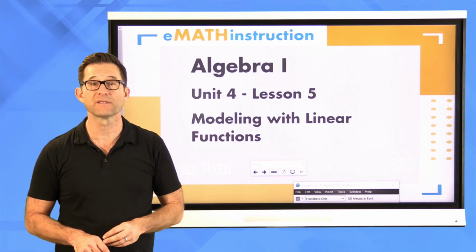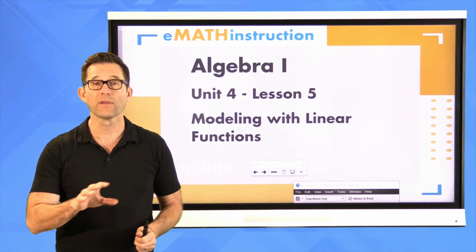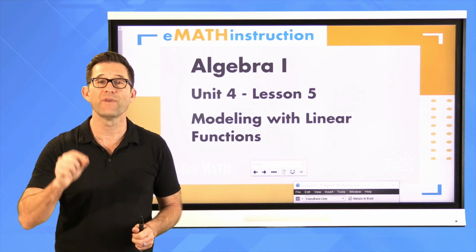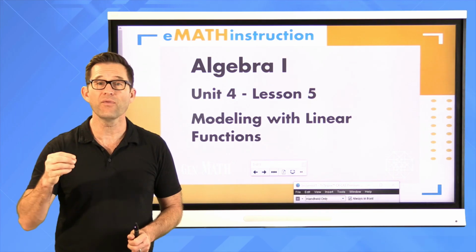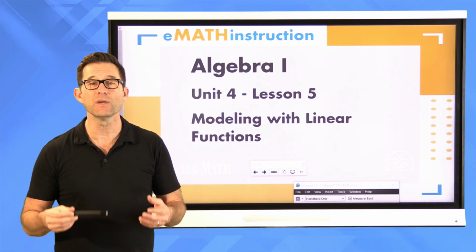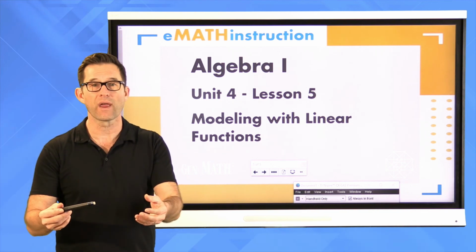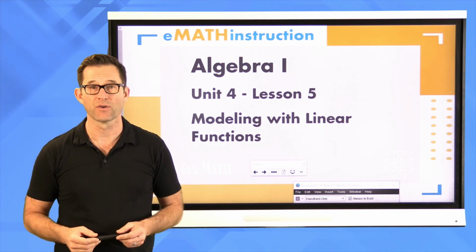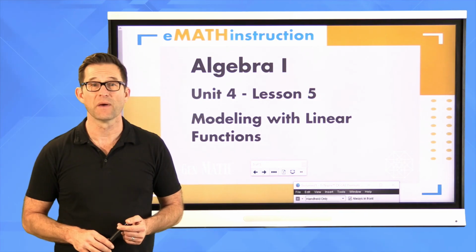It's pretty much that simple. We're going to spend another entire lesson on this because it is so very important. It's one of the main things that you're supposed to come out of Algebra 1 with, which is a fluency with modeling constant rate problems with linear functions. So we want to make sure that you spend quite a bit of time on it.